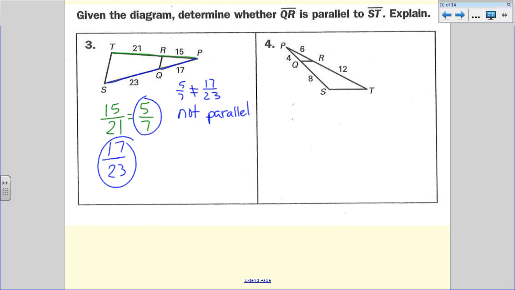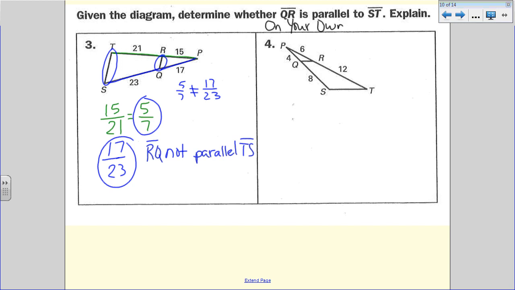They are not parallel. Okay, RQ. Let's see if I can move that around. I would say RQ, the segment here in the middle, is not parallel to the third side, GX.